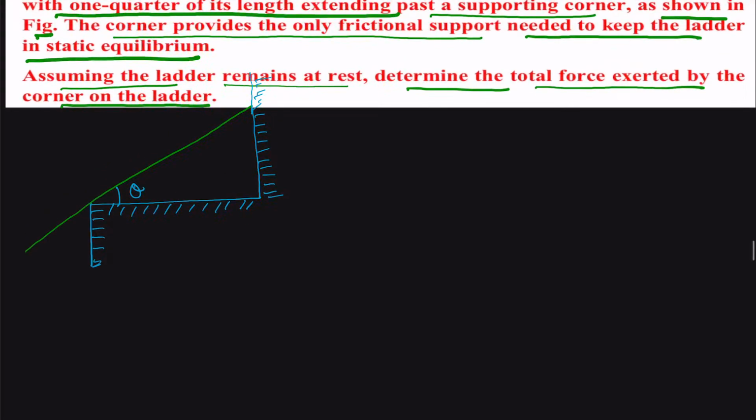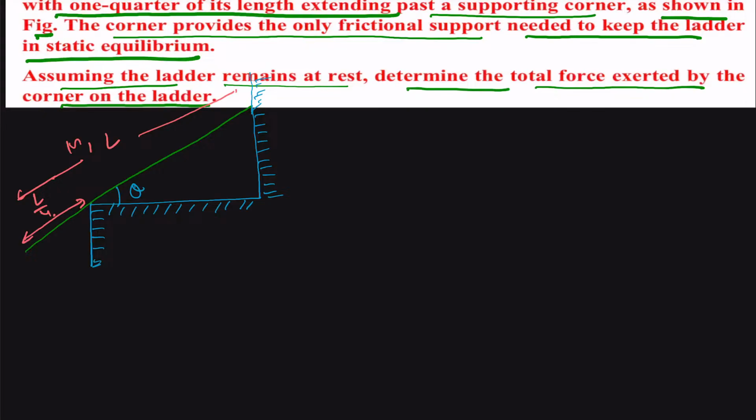The total length of this is given as L, and its mass is given as M, and we are given that the extended portion beyond this corner is L by 4. So this is our basic question.